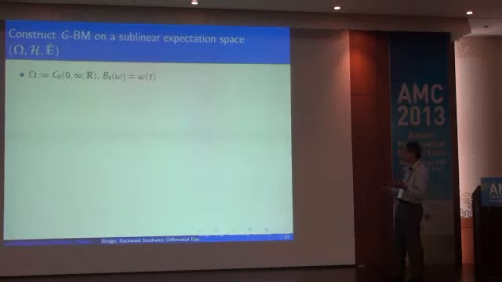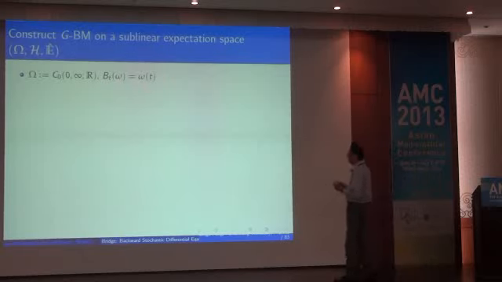The construction is that we need to construct our omega here as continuous paths. And the Brownian motion is just the path. Each continuous path is the Brownian motion path.